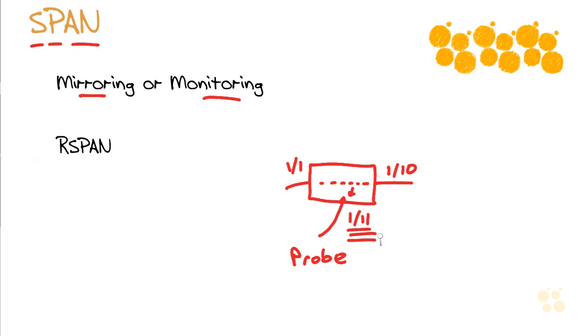Now, you want to be able to do this across multiple devices. When we're doing it just locally on one device, that's when we reference it as SPAN. But if we're doing it across many devices, we refer to it as remote SPAN. Just be aware that some of your various devices are going to have different capabilities when it comes to SPAN.